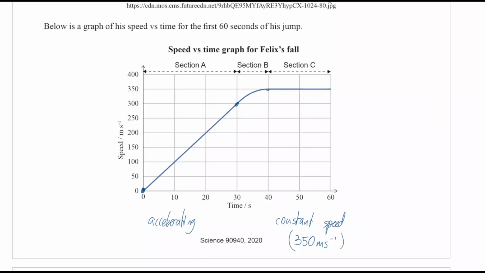So would we say he's decelerating? Or would we say he's accelerating less? We could say either. So he's accelerating, and then he slowly stops accelerating to then transition into a constant speed.